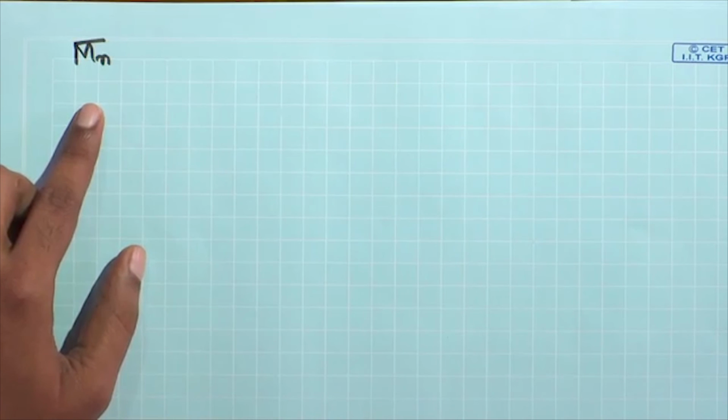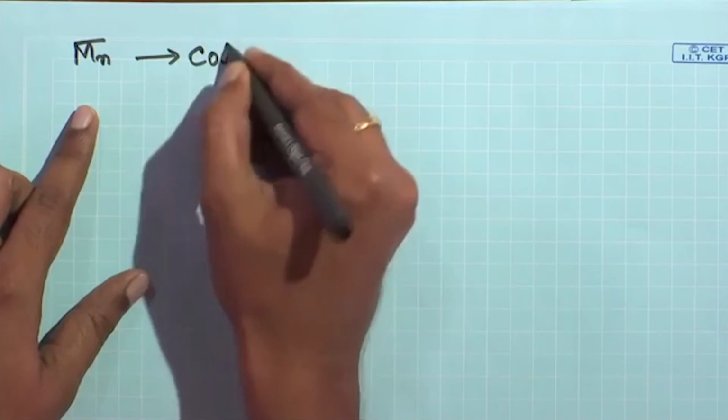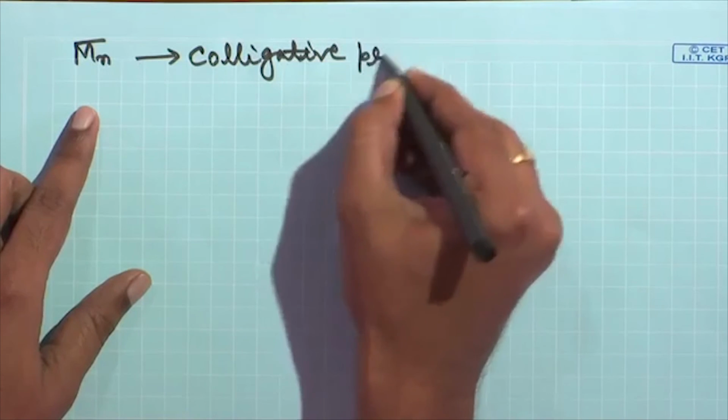and there you will see that we basically rely on colligative properties of the polymer solution.